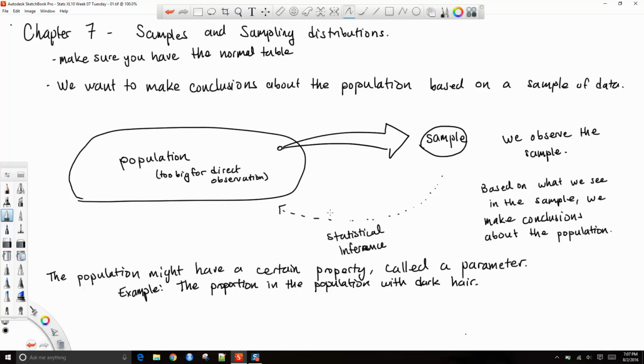We want to say, you know, in the population, this percentage of people have dark hair, or this proportion of people have dark hair. And so because we can't observe the population, we observe a sample. And so the corresponding property that belongs to the sample is the statistic.